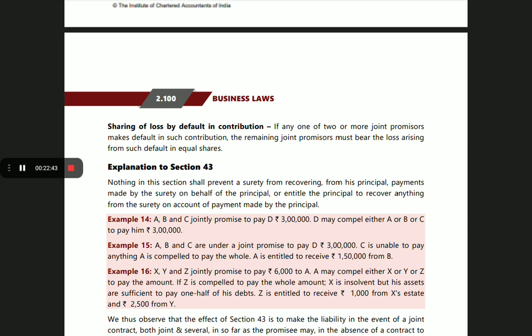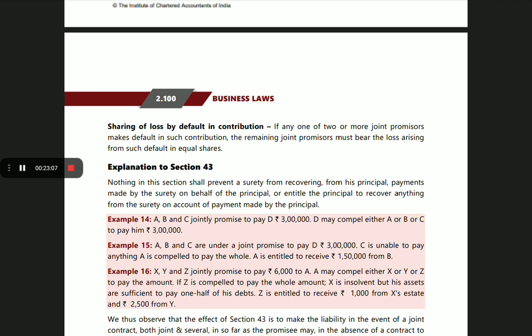Example: A, B and C jointly promise to pay D 3 lakh rupees. D may compel either A or B or C to pay him 3 lakh rupees. Example: A, B and C are under a joint promise to pay D 3 lakh rupees.